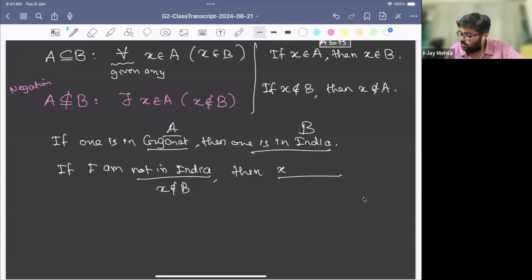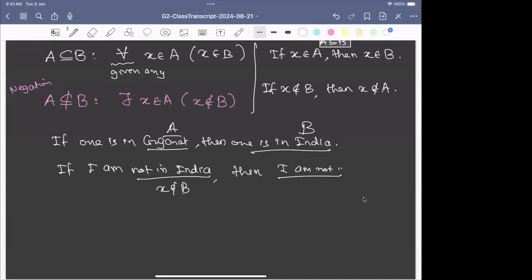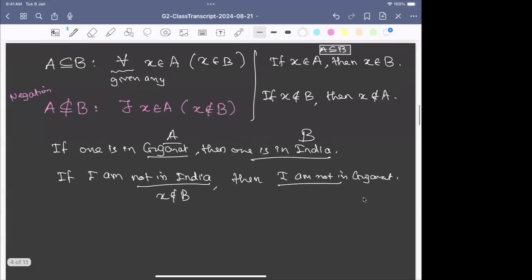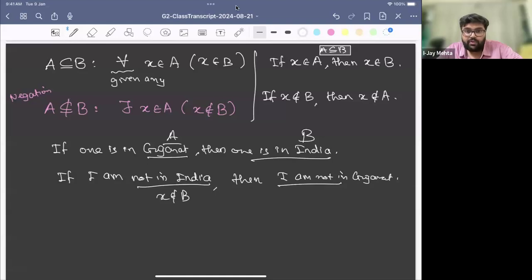Then if I am not in India, then I am not in Gujarat. Yes. Right. How many of you understand this? Right. We say that both are equivalent ways.